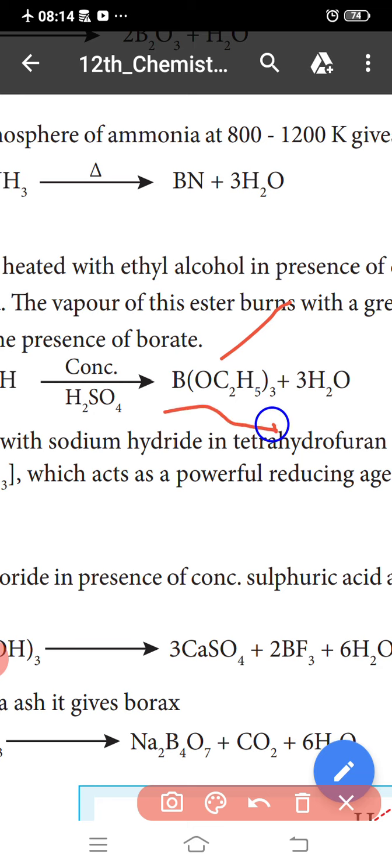The vapor of this ester burns with a green-edged flame, and this reaction is used to identify the presence of borate.